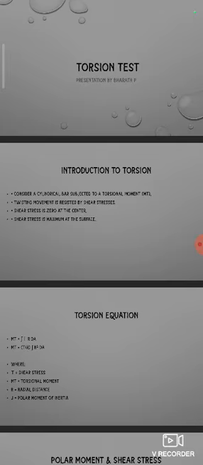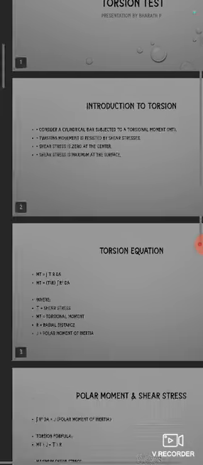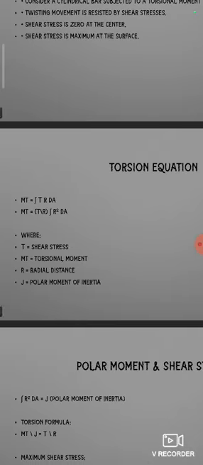Now coming to the next point, the torsion equation. The applied torsional moment is given by Mt equal to the integral of tau into r dA. This equation shows that the torque is the sum of shear stress multiplied by radius and area over the entire cross section.